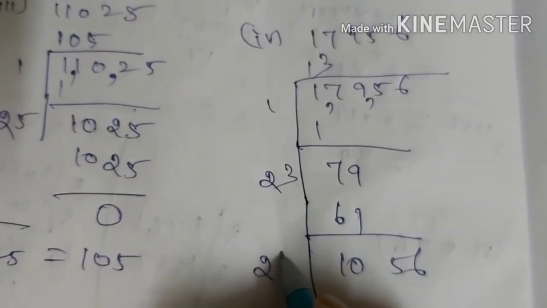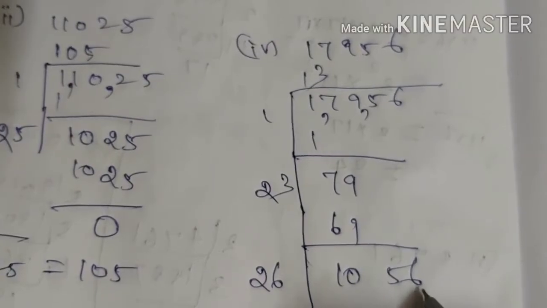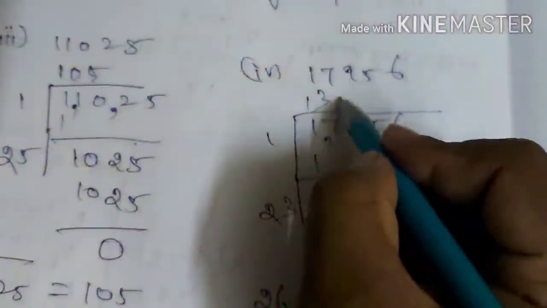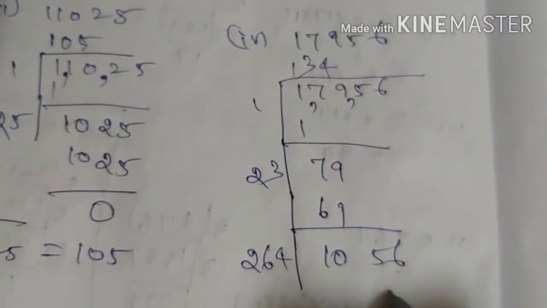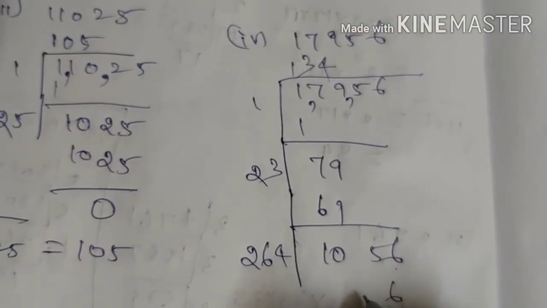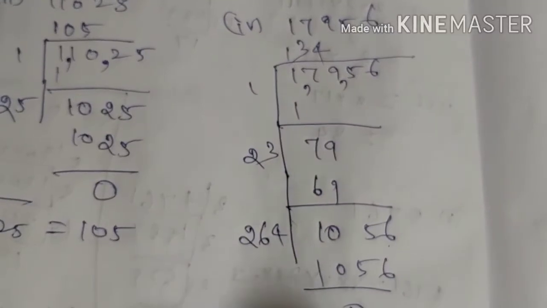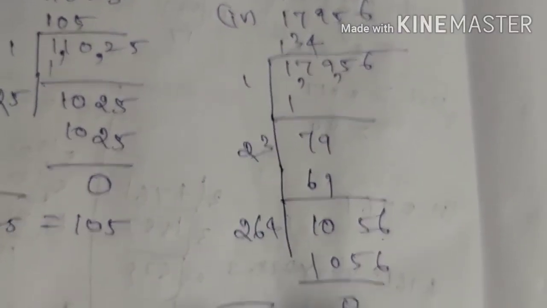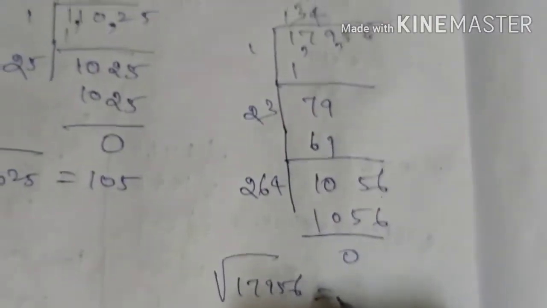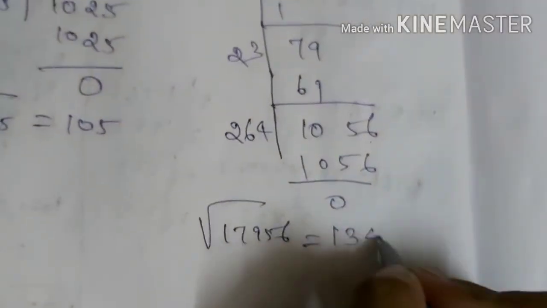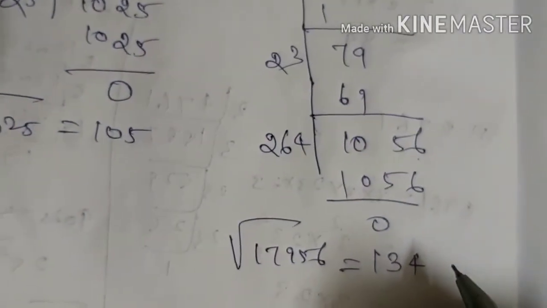Remaining value 10. So here 2, same manner. 3 2 times multiply, new number introducing. So 3 3s are 9, 3 2s are 6. So here 6 only coming is small number. So I put first 4. So 4 into 264, the answer is 1056. So answer is 0. So the square root is 134.